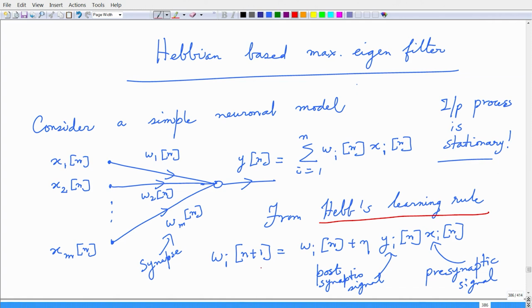So, Wi of n plus 1 is Wi of n plus eta, which is the learning rate, a small quantity, times yi of n times xi of n. I would remove this subscript i here because it is a single output y, right. Wi at time n plus 1 is Wi at time step n plus eta times y of n times xi of n, right. One single output y of n times the coordinate of the input xi of n that I am seeing.